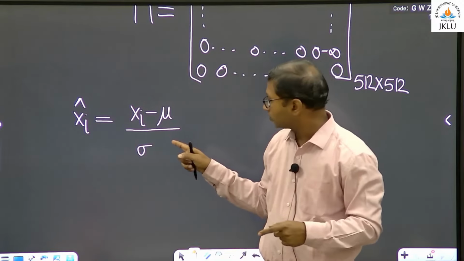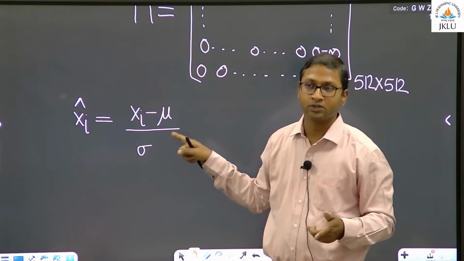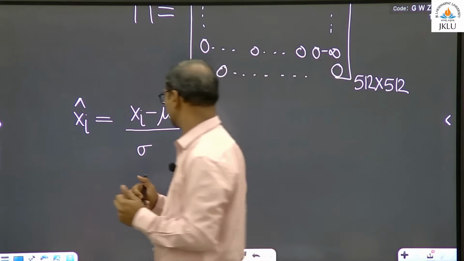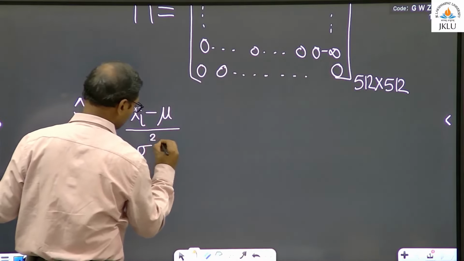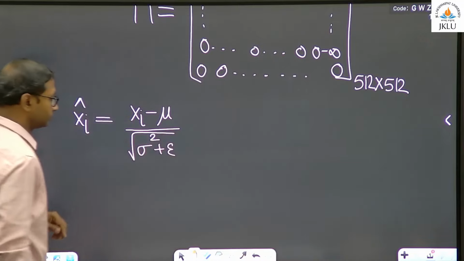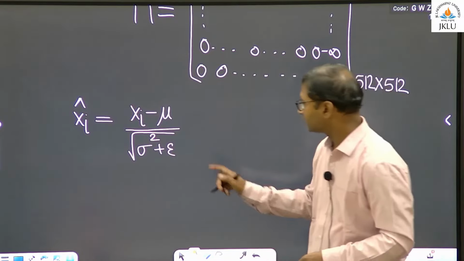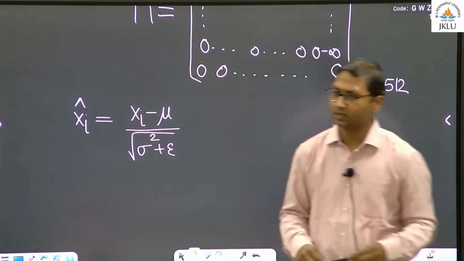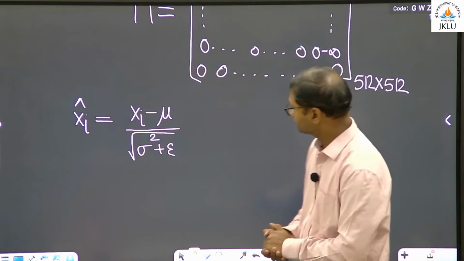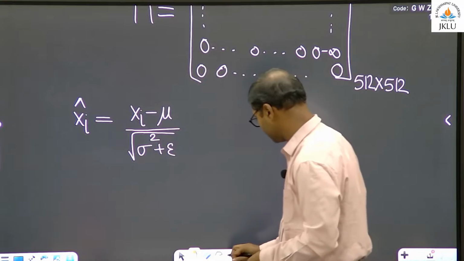Now, what might be wrong with this numerically? Sigma may become 0 and you may have issues like division by 0. So this is what you essentially do, where epsilon is a very small number greater than 0.